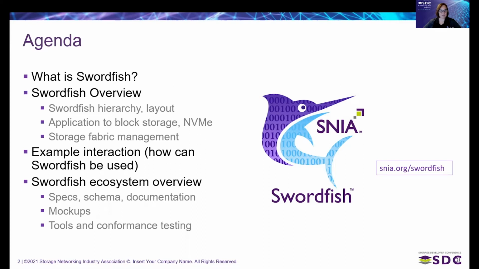Then we'll jump into looking at an example interaction. How can you work with a Swordfish implementation? We'll wrap up with this presentation talking about the Swordfish ecosystem and all of the infrastructure, documentation, tools, and programs that are in place to help you work with, develop, and promote the Swordfish specification.